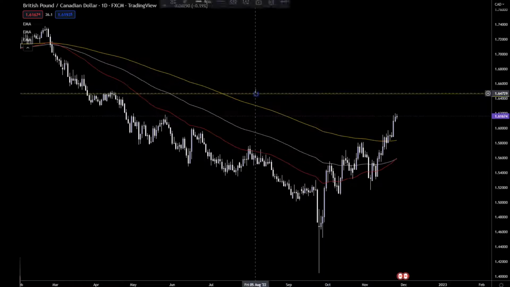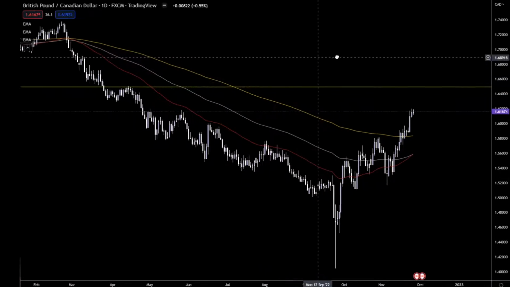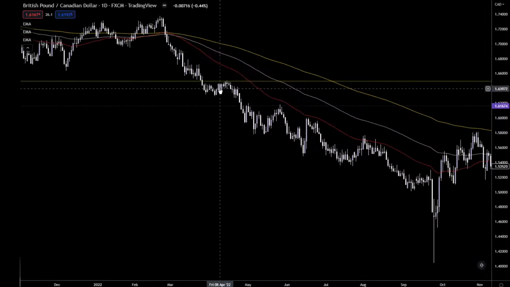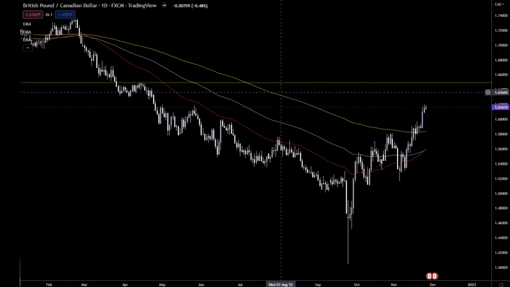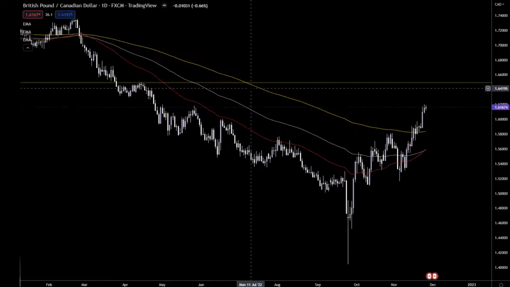So obviously this level on CAD, because that's the next.